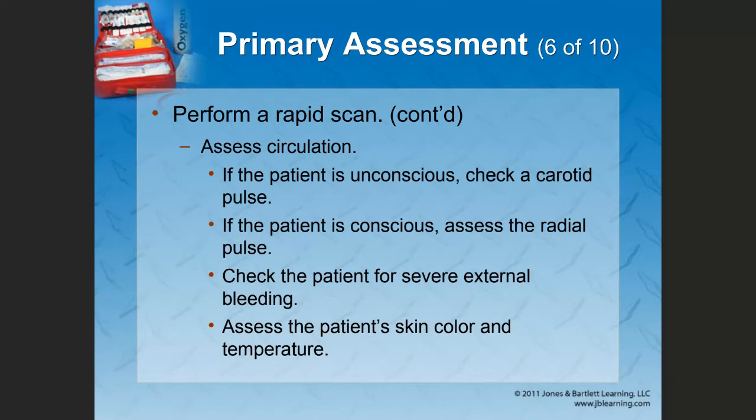Now, when you see pale skin, if you see pale palms, the palms look very pale, it's a circulation problem. If the skin starts to have a dark grayish color or it looks blue, that's an oxygenation problem.